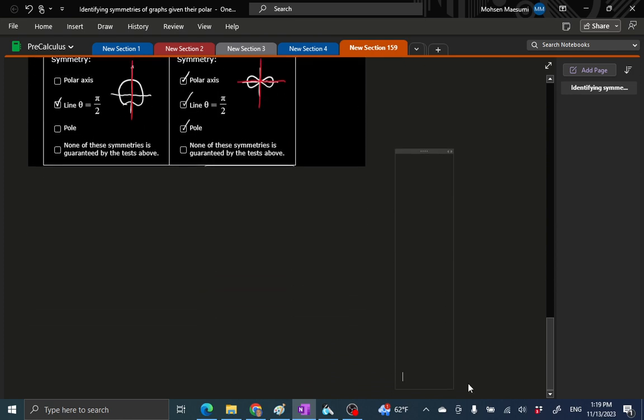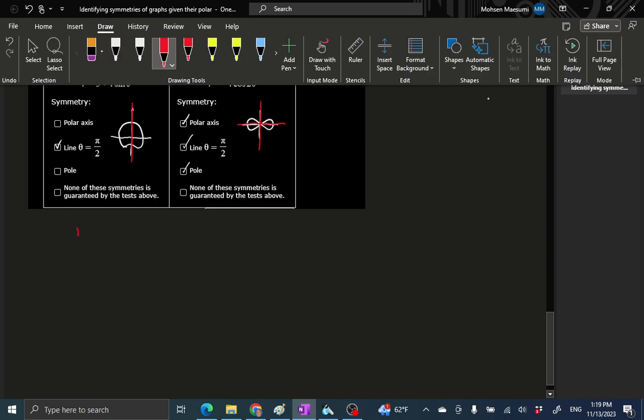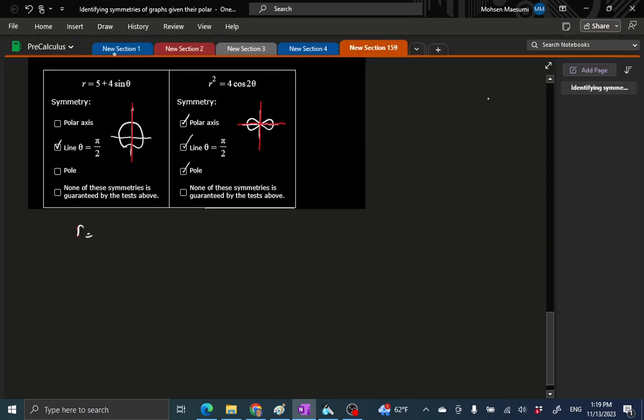So let's take the first one. r is equal to 5 plus 4 sine of theta.